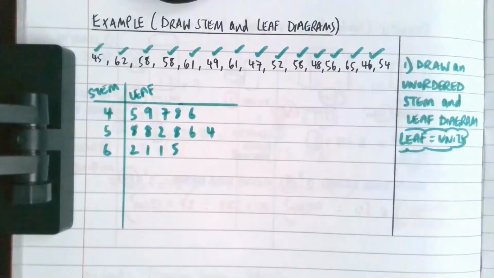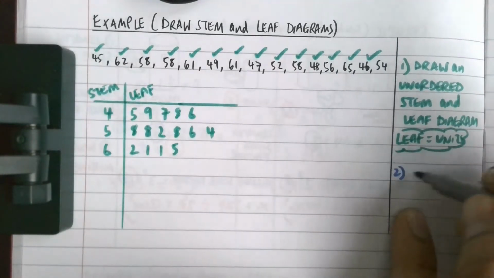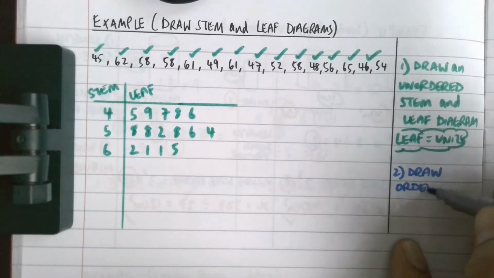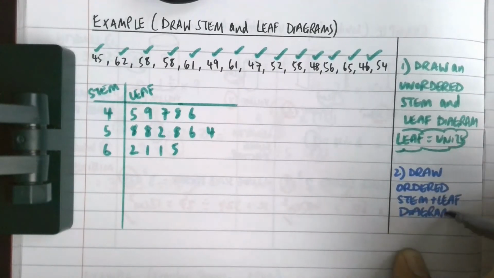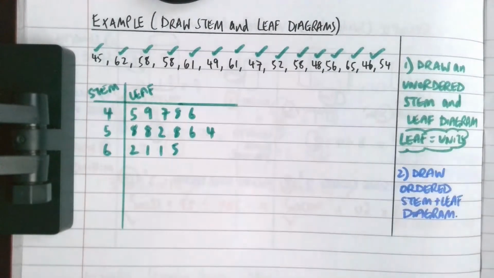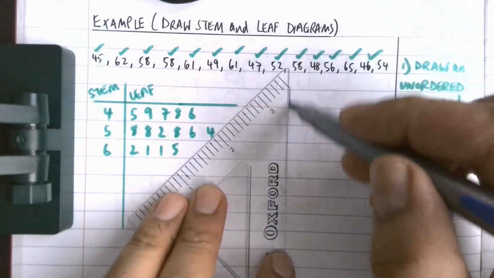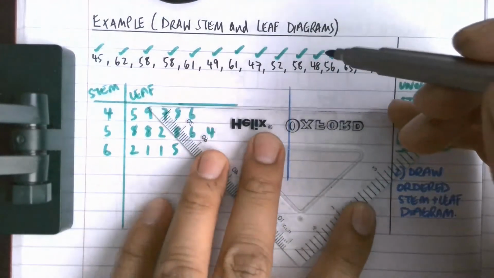Now we're going to use that to create the ordered stem and leaf for this data. So step number 2 is draw ordered stem and leaf diagram. And that will be the diagram we will actually require to finish this question.